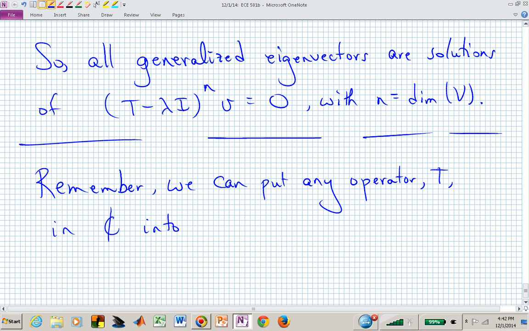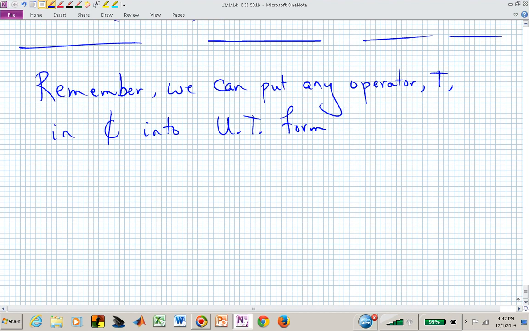We can put any operator T in this complex vector space into upper triangular form. What do we know about what's living or present on the diagonal of that upper triangular form? What lives there? Those are our eigenvalues.